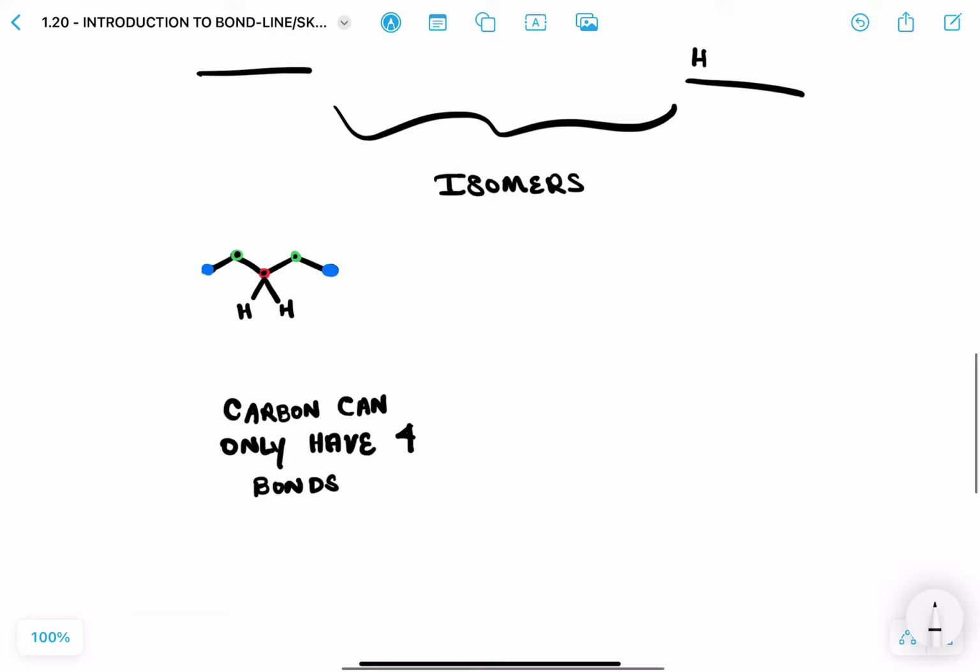Same thing with the green carbons. They already have 2 bonds on either side of them. Since carbon has 4 bonds, there are 2 bonds remaining, and those are implied hydrogens.